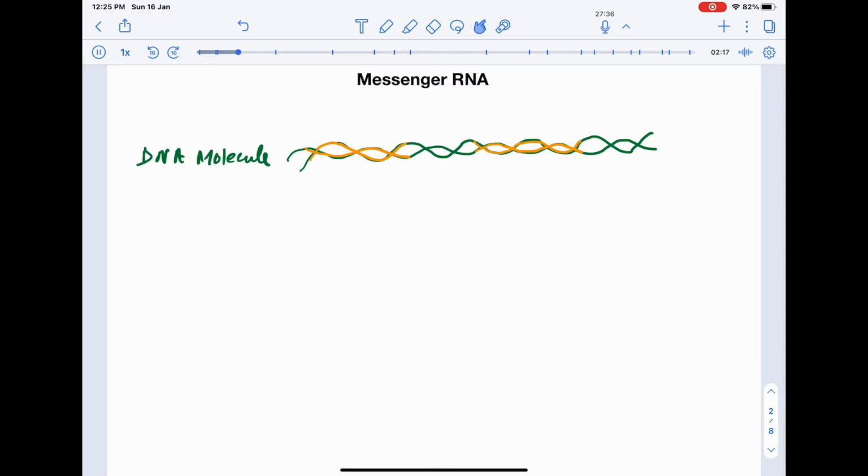So this may be a non-coding region, and this is a coding region.